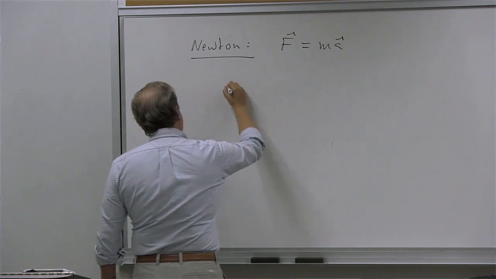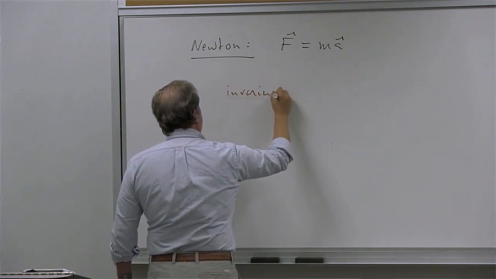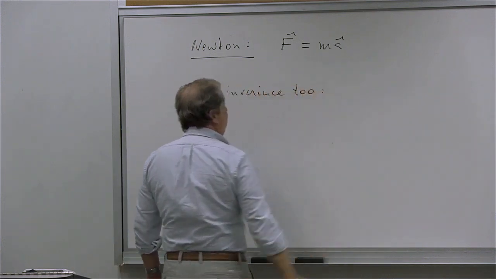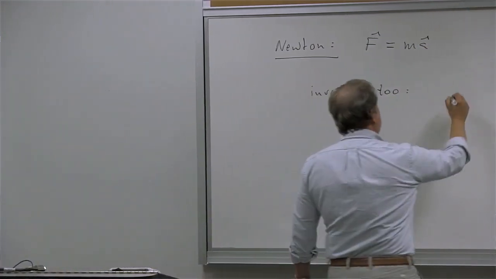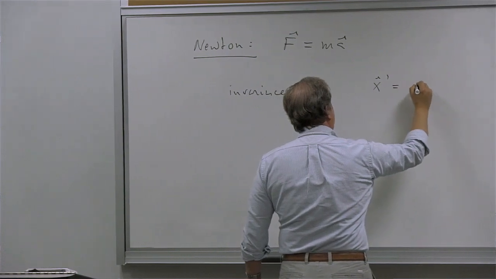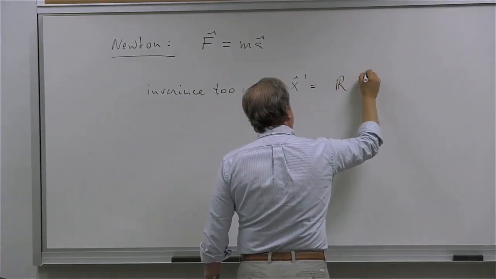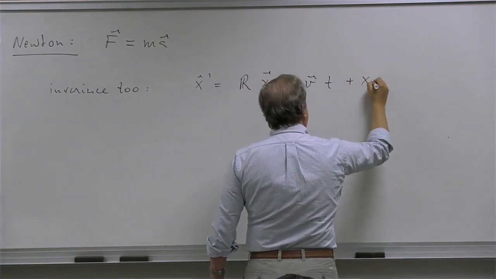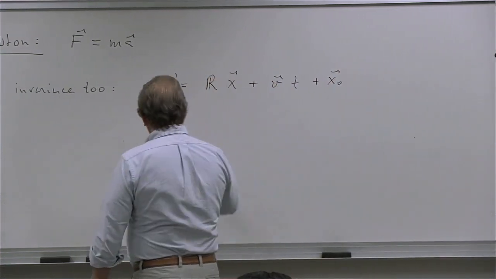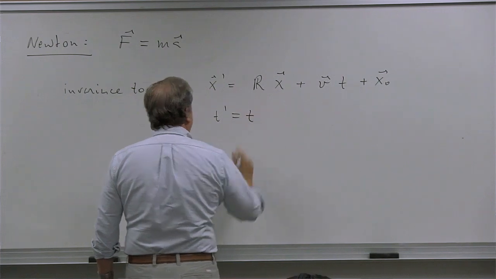And that has also an invariance too, but that invariance is not the invariance of the Lorentz transformation. The invariance is that x prime is equal to R times x plus v times t plus some x naught, right? And that t prime is equal to t.